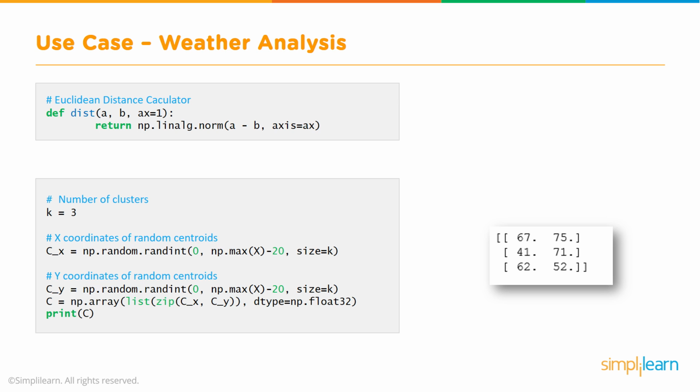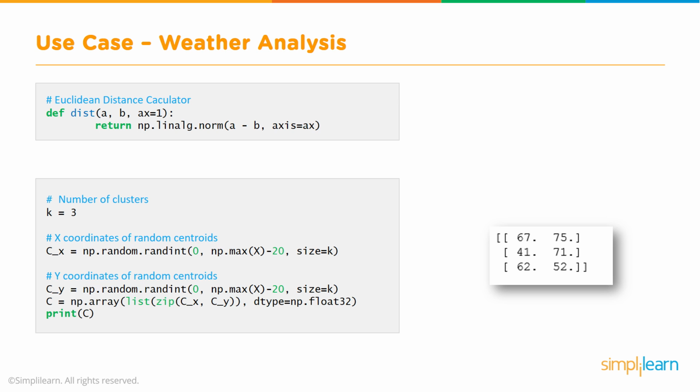And it does it between 0 and the max value of x, minus 20 in this case. They don't have to be minus 20 and usually don't start at 0. But that will work fine for this example. Like I said, this is under the hood. So if you get a little confused on there, don't worry. You don't need to know this if you're actually using the k-means or the sklearn on there. But knowing what it's doing is important. And in this case, we put them into a NumPy array.